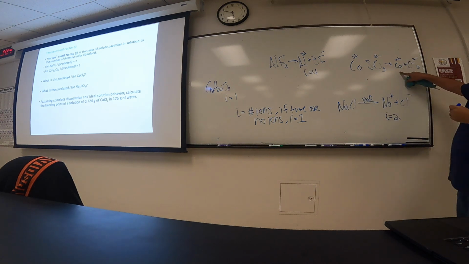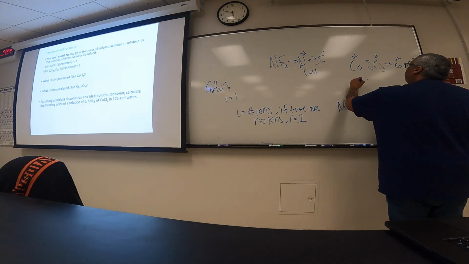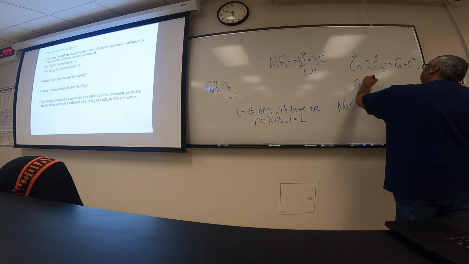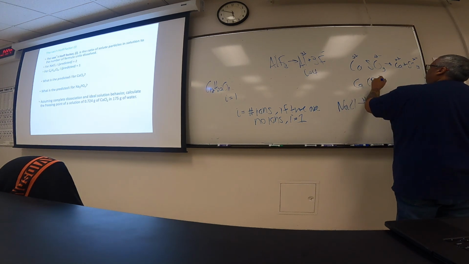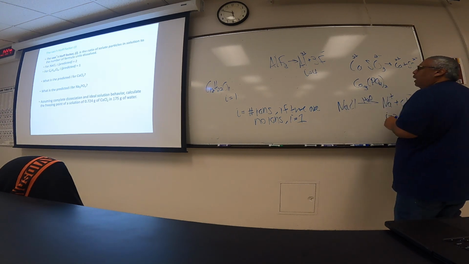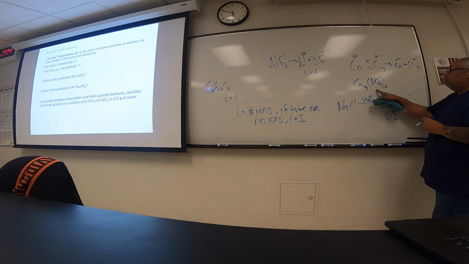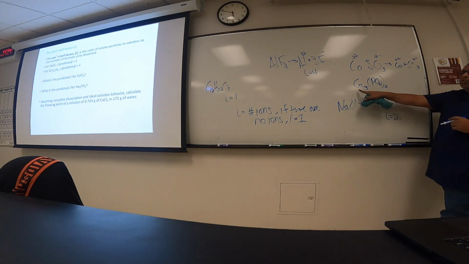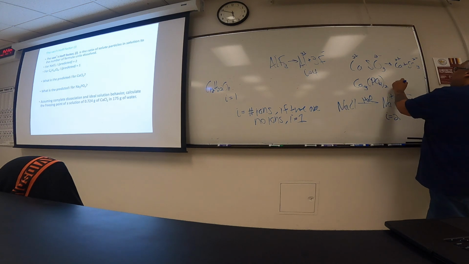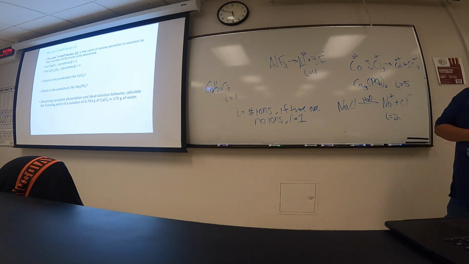So how many ions are we going to get here? 2. But if I change this, what if we did this? How many ions am I going to get here? 5. We're going to get 2 phosphate ions, 3 calcium ions, so i would equal 5.